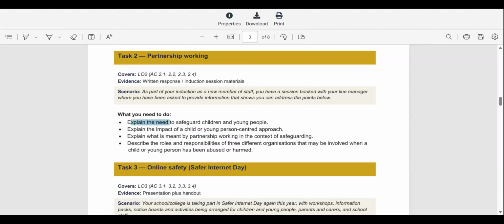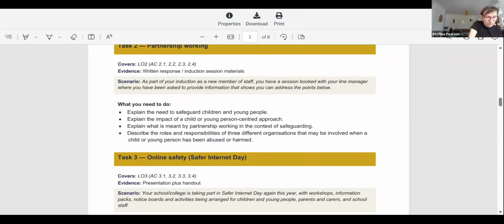So you'd explain the need to safeguard children and young people, then explain the impact of a person-centered approach, and then explain what is meant by partnership working in the context of safeguarding, and describe the roles and responsibilities of 3 different organisations that may be involved. So it could be the police, social services, schools, any 3 organisations. And each one, I would put that and then write under that as an answer. Is that okay? Yeah, yeah.